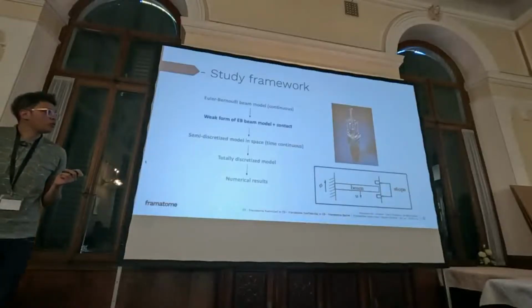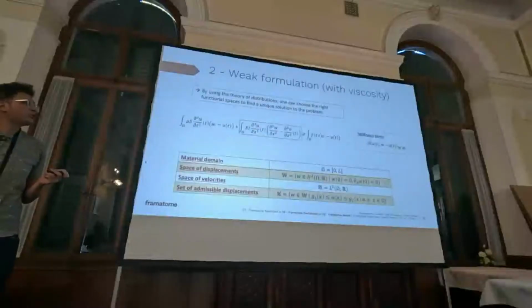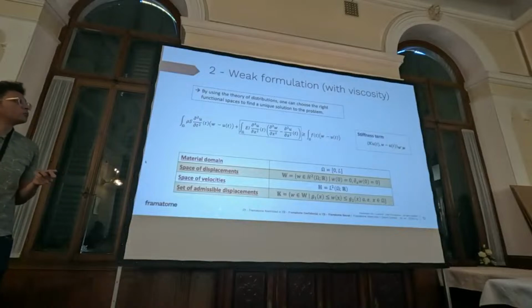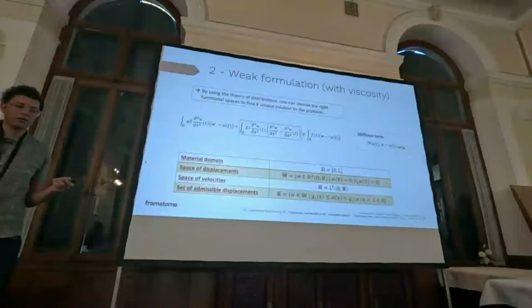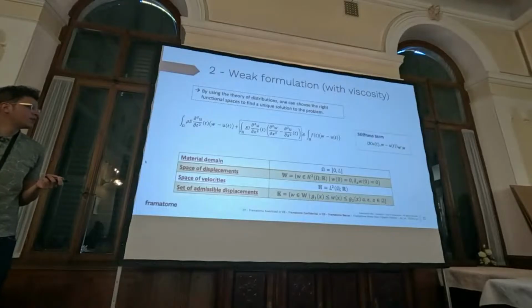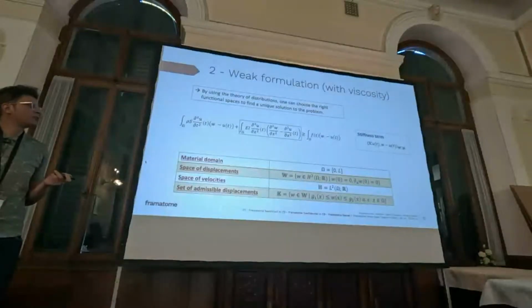As for the weak form, generally we can use distribution theory to transform the strong written formulation into this inequality, and through it we can define the domains in which both displacement and velocity exist.